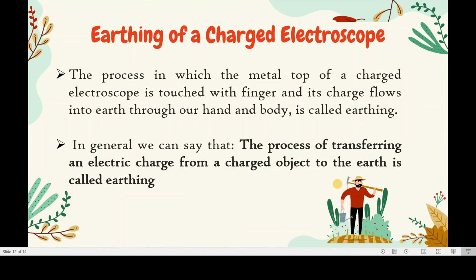What is earthing of a charged electroscope? The process in which the metal top of the charged electroscope is touched with the finger and its charge flows into the earth through our hand and body is called earthing. In general, the process of transferring an electric charge from a charged object to the earth is called earthing.